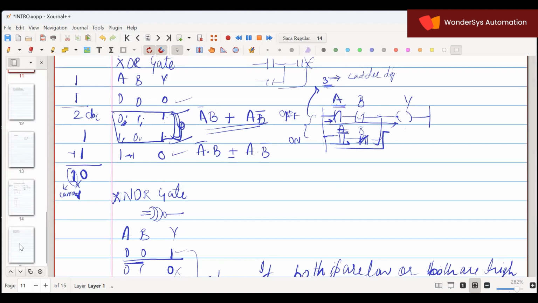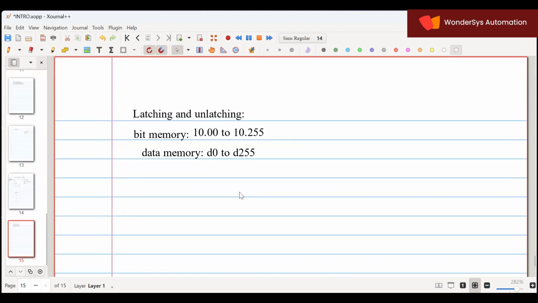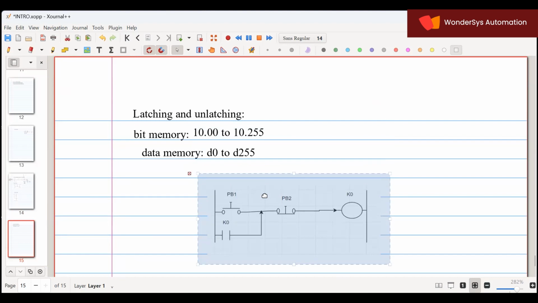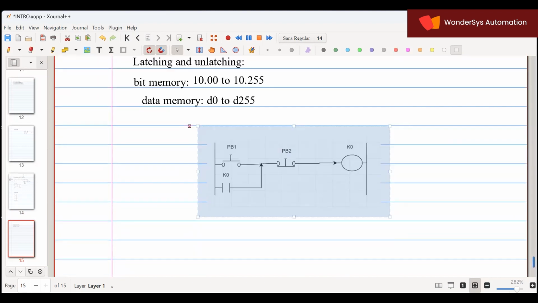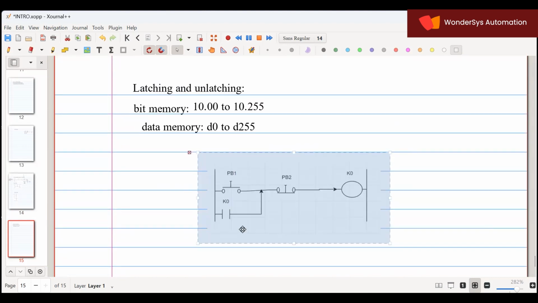So yesterday we were solving this problem, right? Guys? Yes, ma'am. Now this is a classical example for latching and unlatching. Here we can see this is a push button. Let's imagine the K0 is a motor.